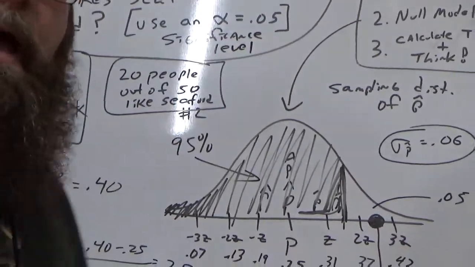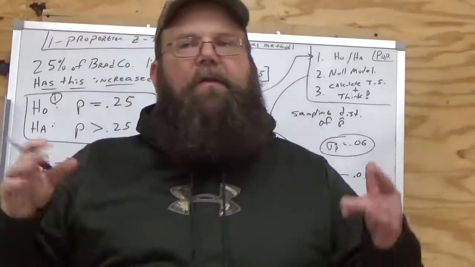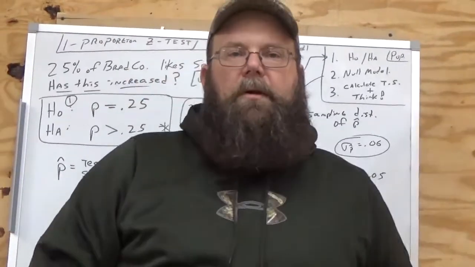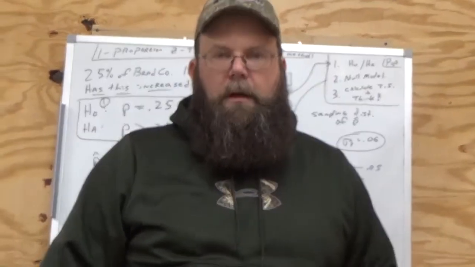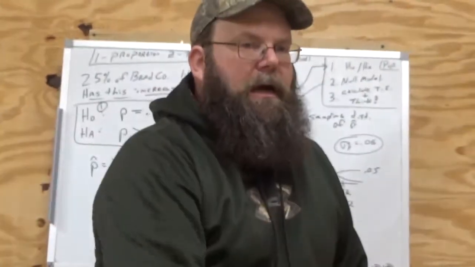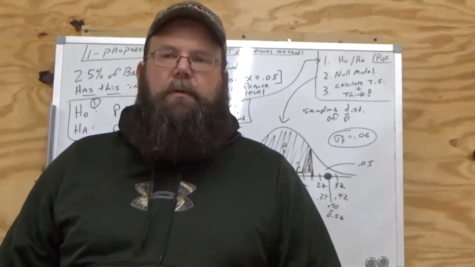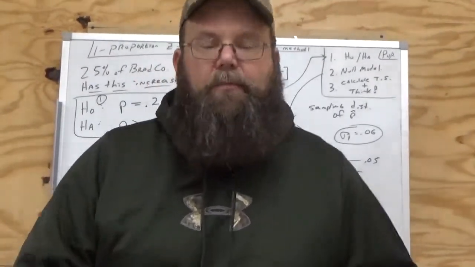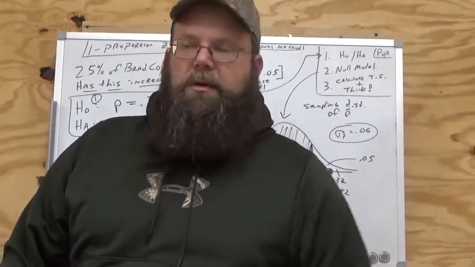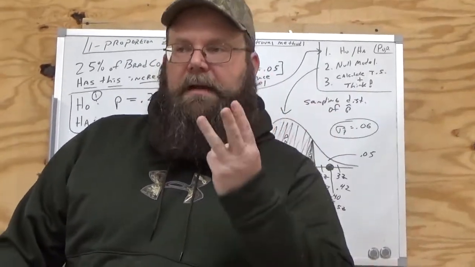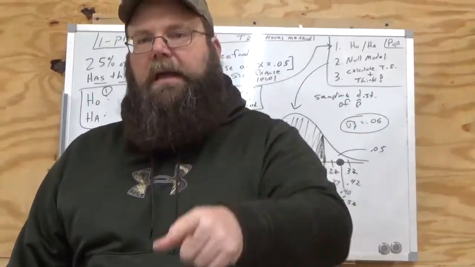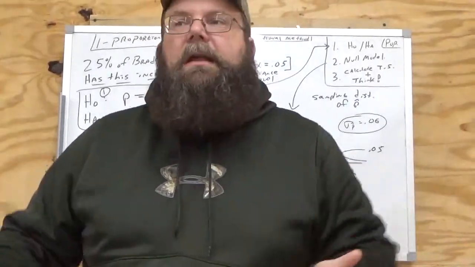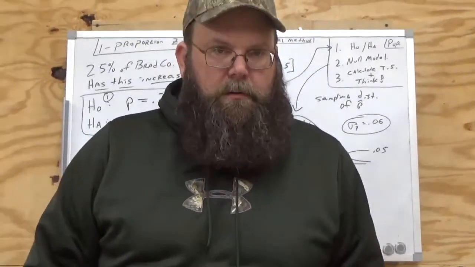The easiest way that I can explain the significance level, folks, is the complement of the confidence level. So what's the most common confidence level that we worked with last chapter with confidence intervals? It was 95%. What were the three most common? 90, 95, and 99. What did I tell you about 90? It's silly because it's statistically insignificant.